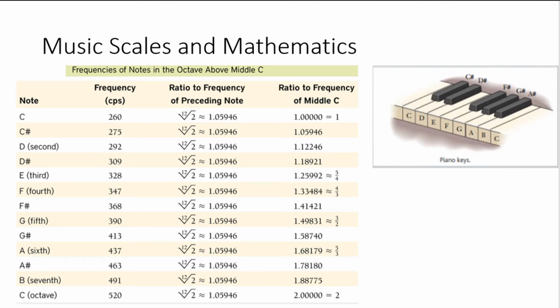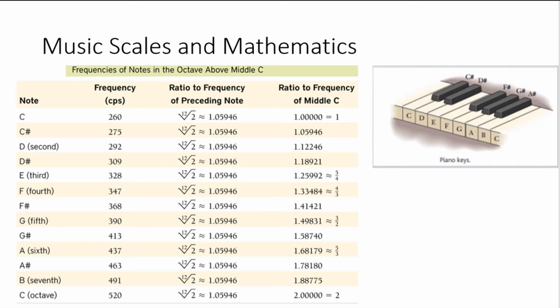Provided for you is a table that gives the frequencies of notes in the octave above middle C. This table is comprised of 4 columns and 14 rows. The first row has the titles note, frequency in CPS, ratio to frequency of preceding note, and ratio to frequency of middle C. Let's read a few rows.